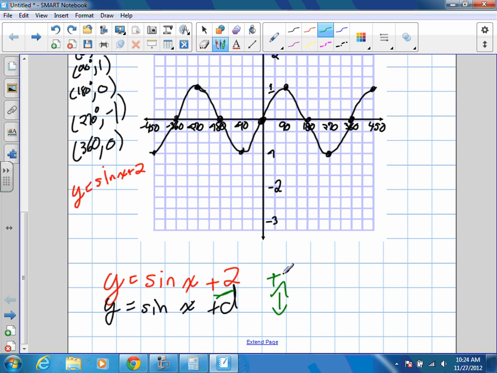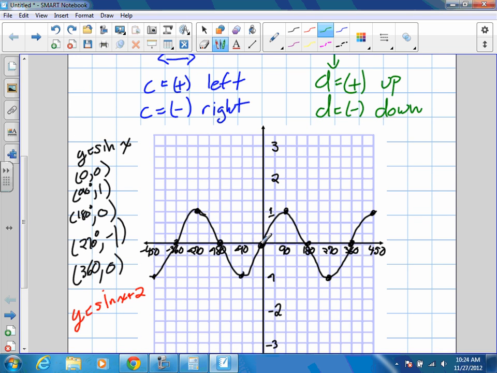So really, all I need to do is take each of the major points and transform them up 2. Now, if you look, that's 1. This would be 2. Okay? 1, 2, 1, 2, 1, 2, and 1, 2. I've transformed the 5 major points. I've moved them all up 2 units. And all I really have to do is, like in kindergarten, connect the dots.